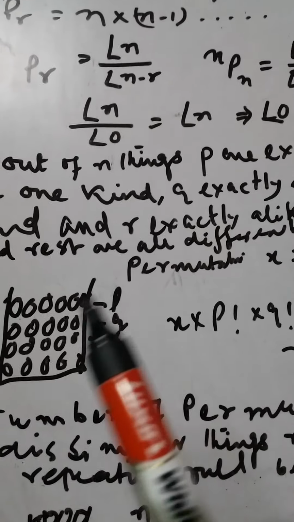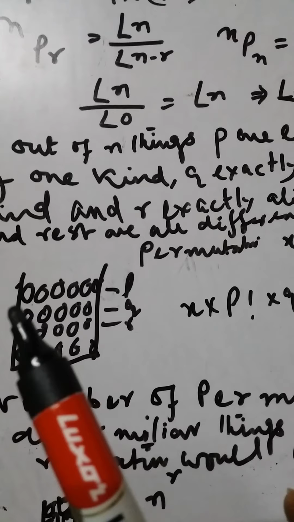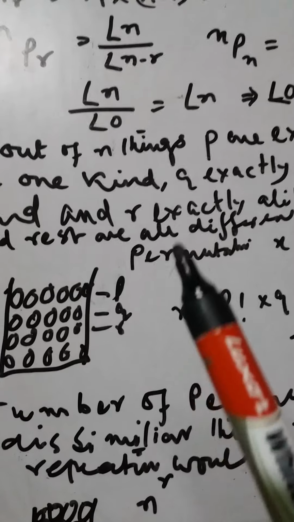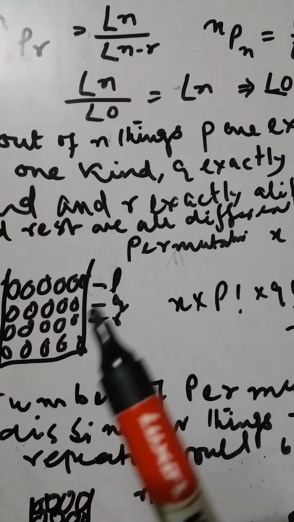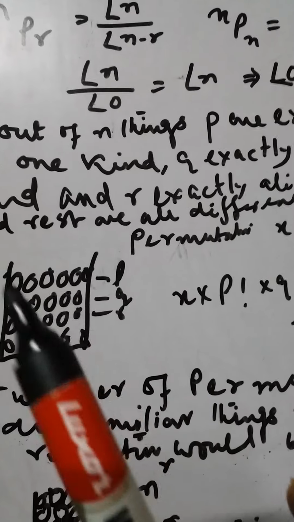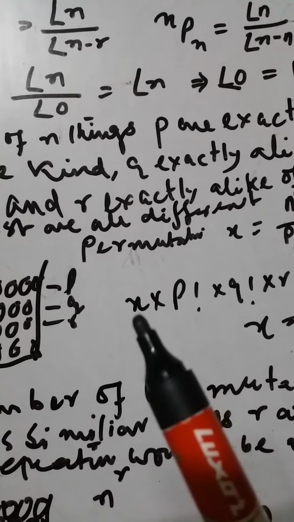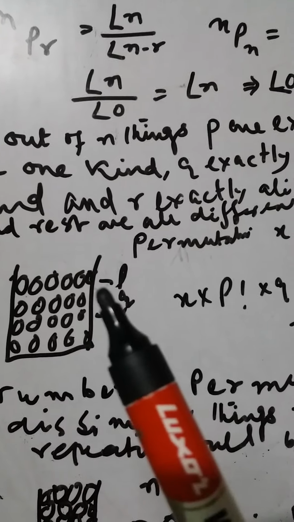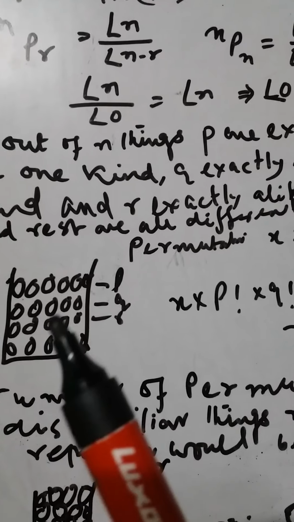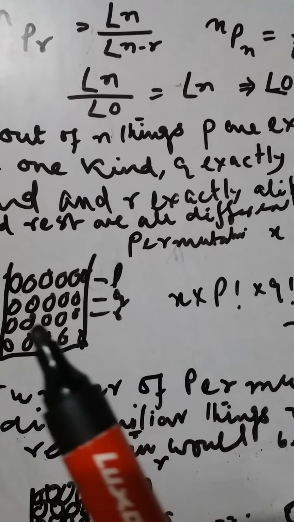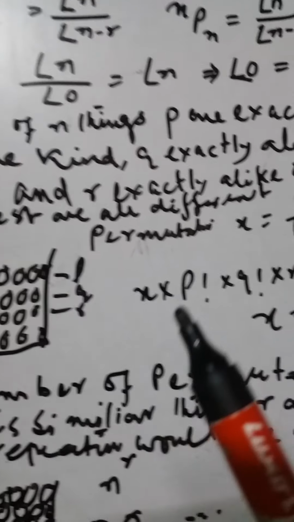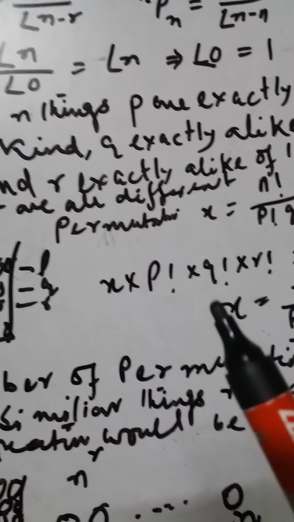So let us suppose at first the permutation is x. After taking the p alike balls and replacing them with p dissimilar things, the permutation will be x into factorial p. In this way, after replacing the q alike balls with q dissimilar balls, the permutation will be multiplied by factorial q.